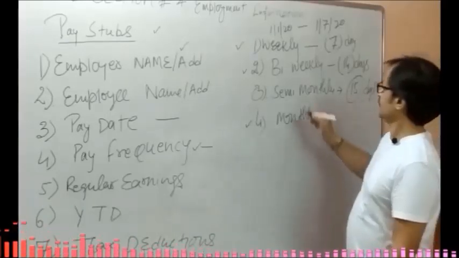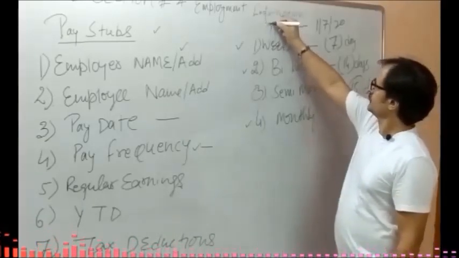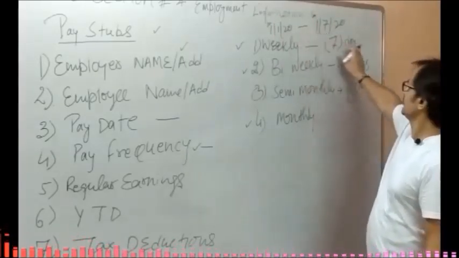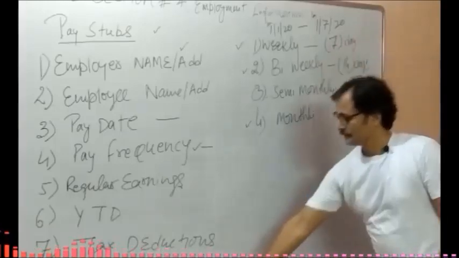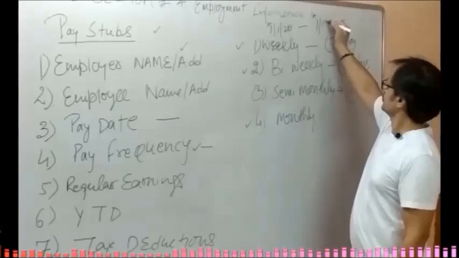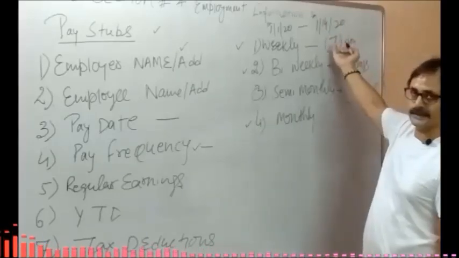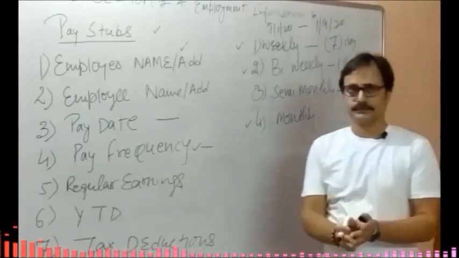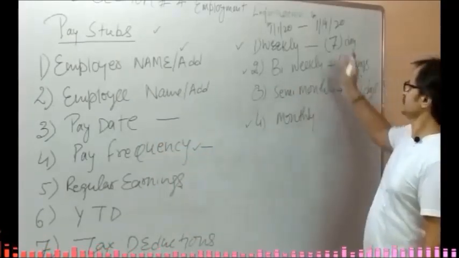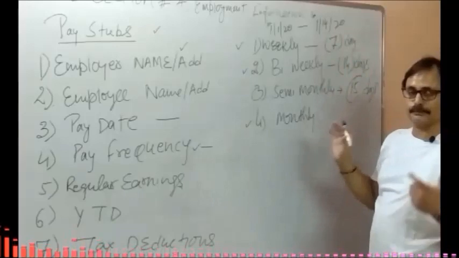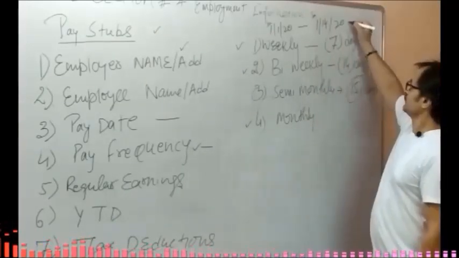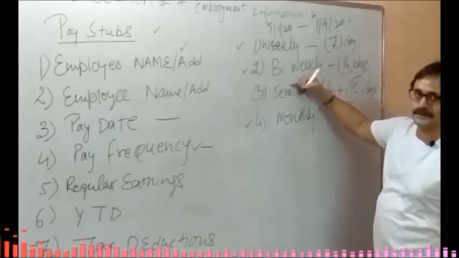So when I say 1st Jan to Jan 7, that is 7 days, so it is weekly. But if it is 1st of the month till 14th, and I am paid on the 14th, that pay stub covers 14 days, so it becomes bi-weekly income.